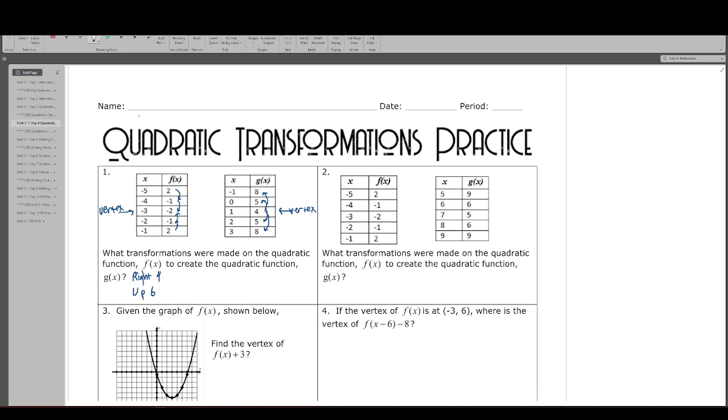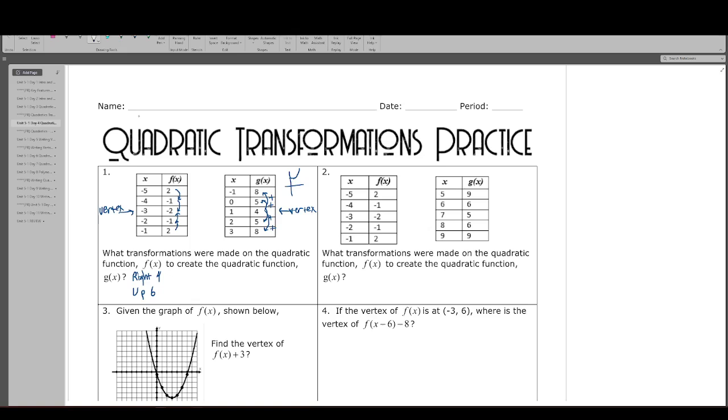The next thing we need to check is whether it got reflected. So the way we do that is from 4, I'm adding to go away from my vertex, meaning it opens up. If you think about graphing that, I have 1, 4 here, and all my other points are above that, so it's opening upward.